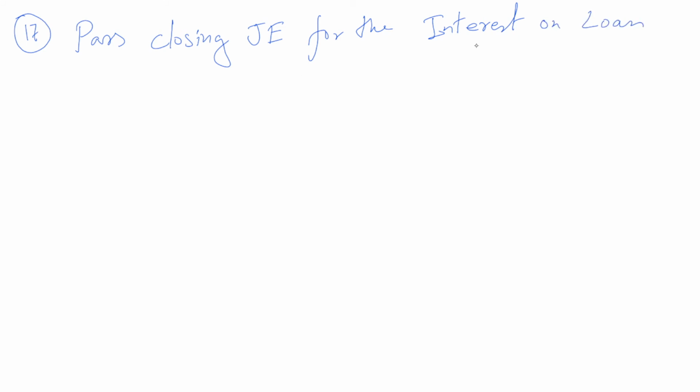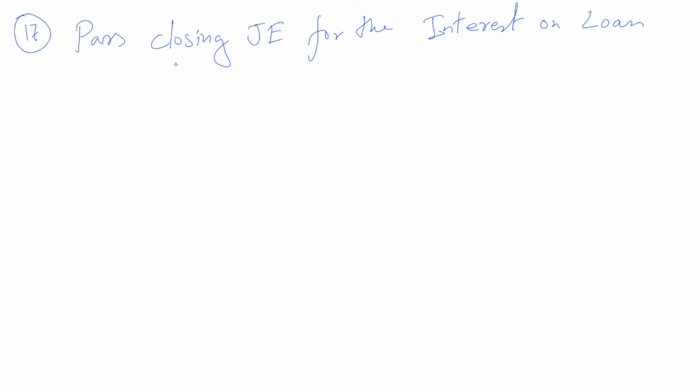It is not asked like this, but I'm just telling you the real situation, how these things happen. We pass journal entries, we record or post these things in ledgers. Finally, we prepare the trial balance. And at last, these things are posted and the final accounts are prepared.